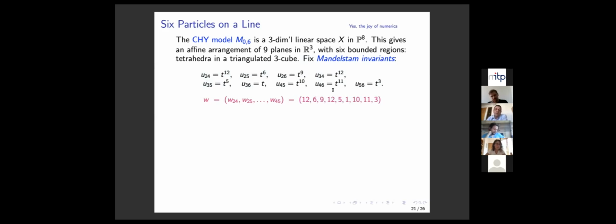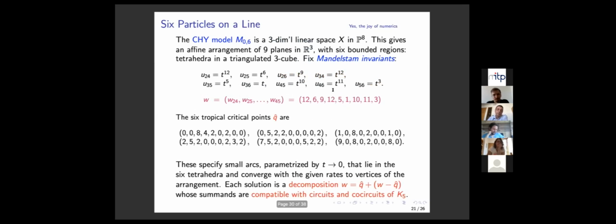So I'm going to apply this theorem, and I found that there are 6 tropical critical points, just like we had 6 classical critical points before, and these are the 6 points. So there is a map that takes these numbers to these vectors. There are different ways to think about it. Think about them as specifying small arcs parametrized by t approaching 0, each of which lies in one of the 6 tetrahedra, and each small arc converges at the given rates to vertices of the arrangement.